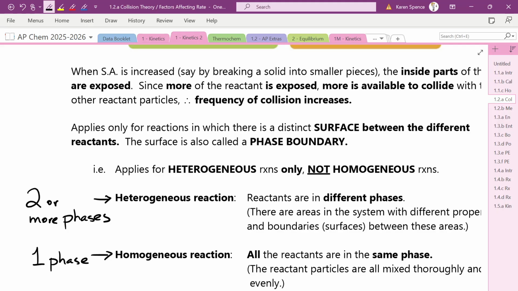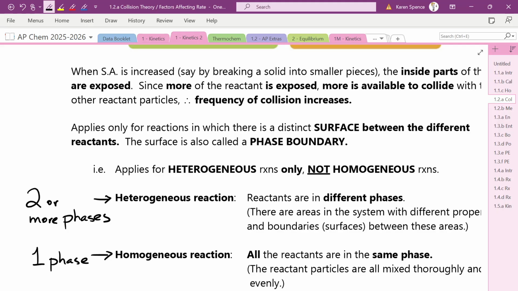However, I brought this up because it is important for you to know what a phase is. But you can also just think, if I had this and that, would there be a surface between them? If I gave you two gases as reactants, would there be a surface between the two gases? Or do they mix? They mix. You can't increase the surface area of a gas and another gas in relation to each other.